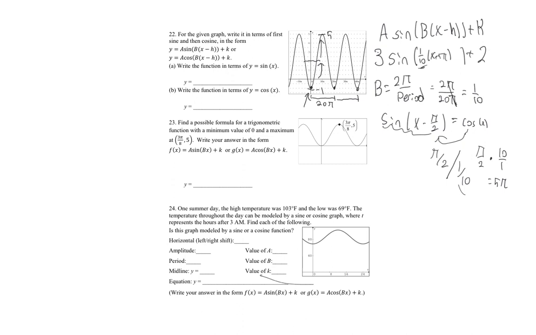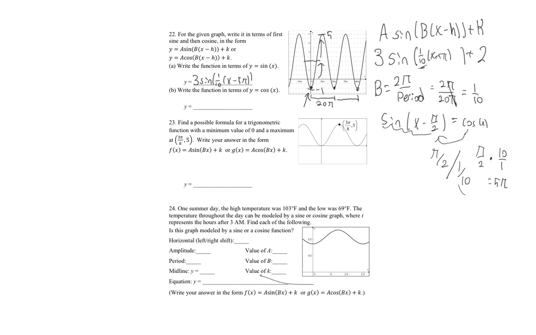So I'll write the function over here: y equals 3, being my amplitude, sine, and then, because I'm told this one has to be sine, we have 1 over 10, because we get that from our period, times (x minus 5 pi).